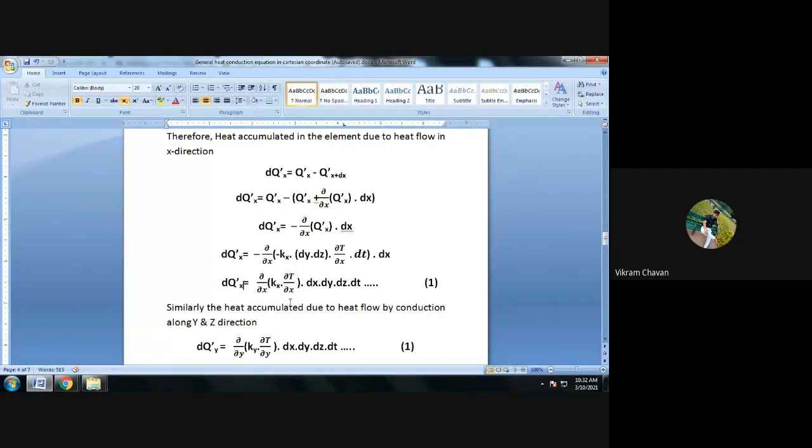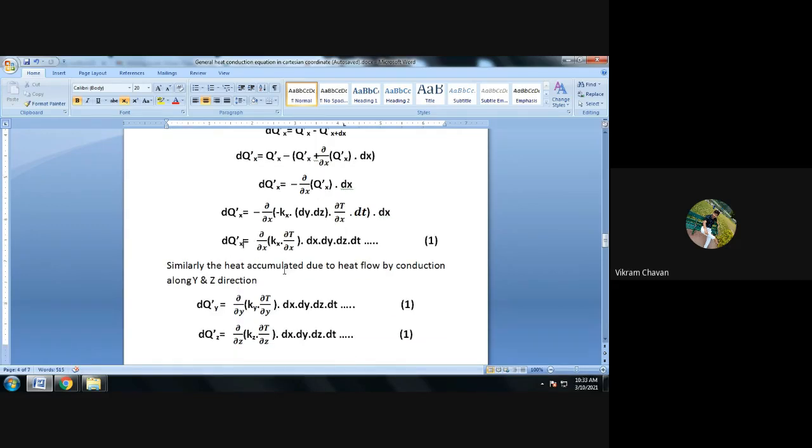In a similar manner we have to apply this equation for the net heat accumulated in the y direction and also in the z direction. If you understood this, then it will be easy to apply for the y direction and z direction.